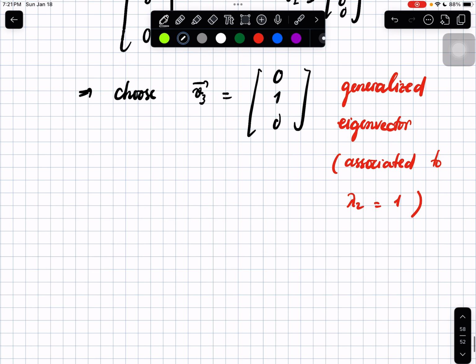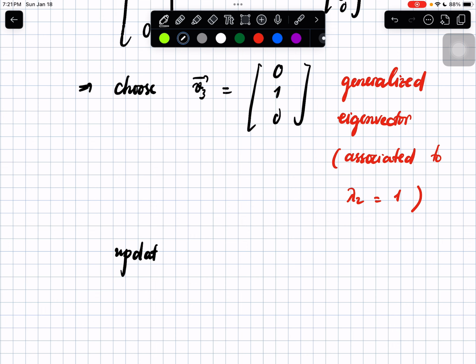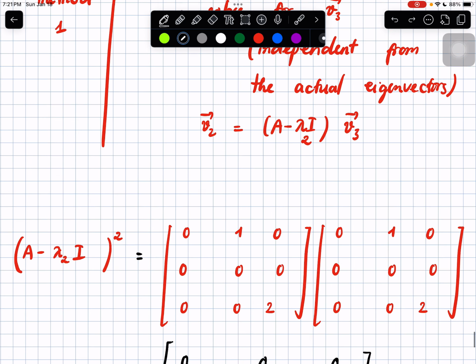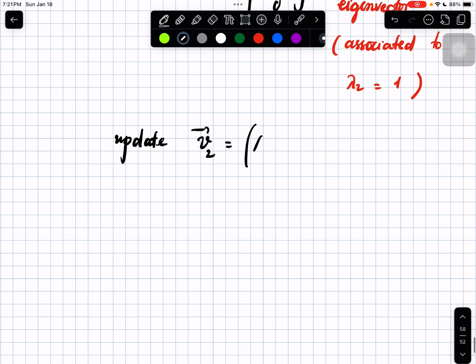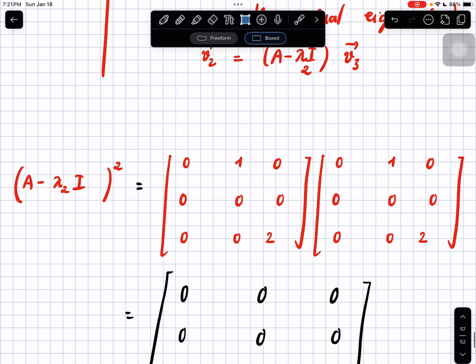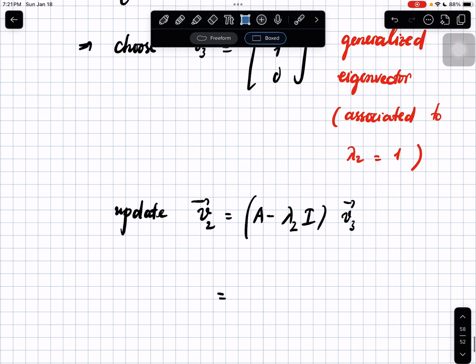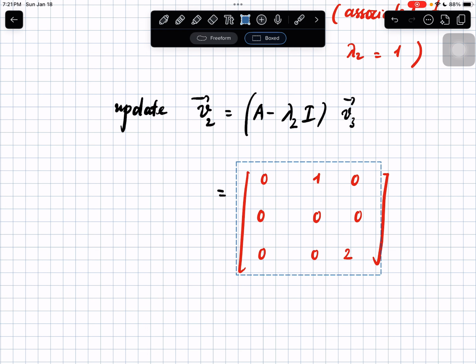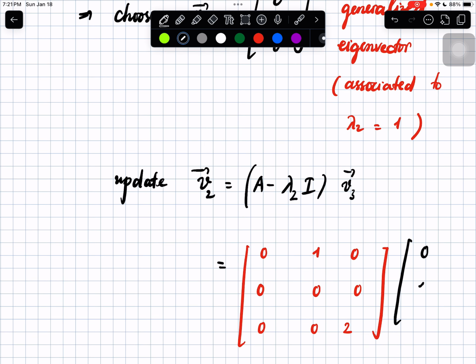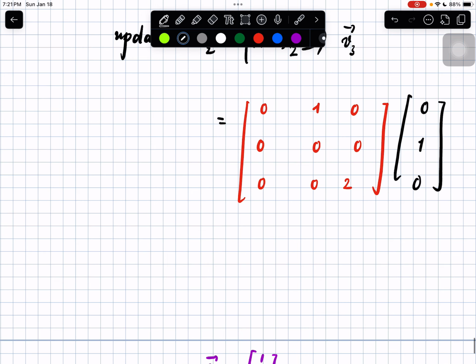So now you need to update V2. V2 is given by the formula (A minus lambda 2 I) times V3. A minus lambda 2 I, this matrix, times (0, 1, 0), gives (1, 0, 0).